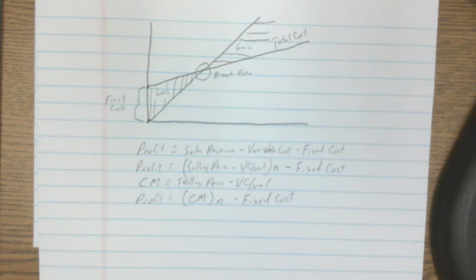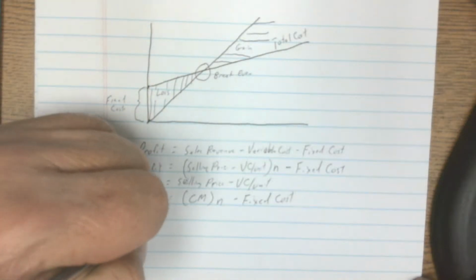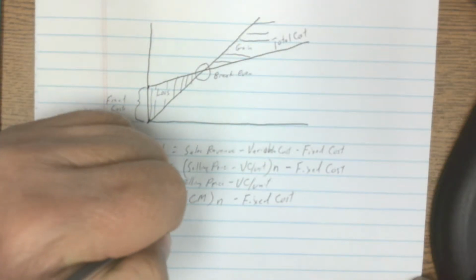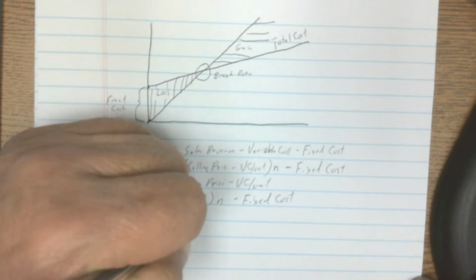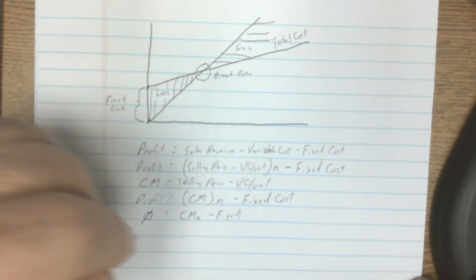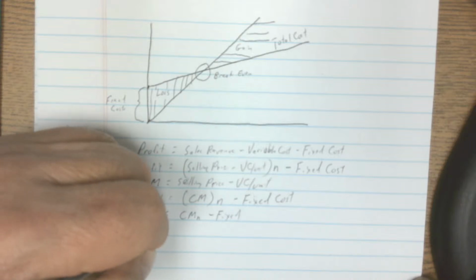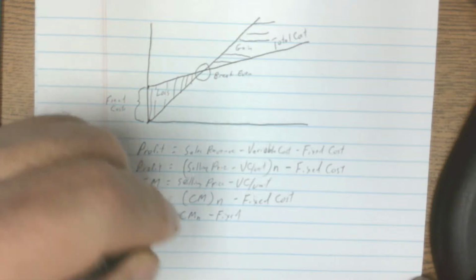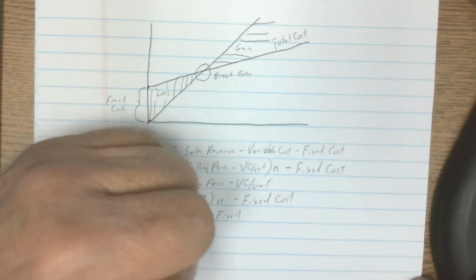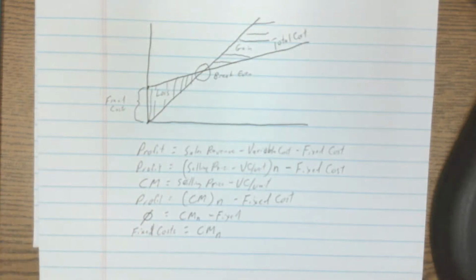All right. And so let's say that to get to this break even, our profit equals zero is going to equal contribution margin times N minus fixed cost. So I get my fixed cost equals contribution margin times N. Now remember, this is break even, so profit is zero, and that goes away.